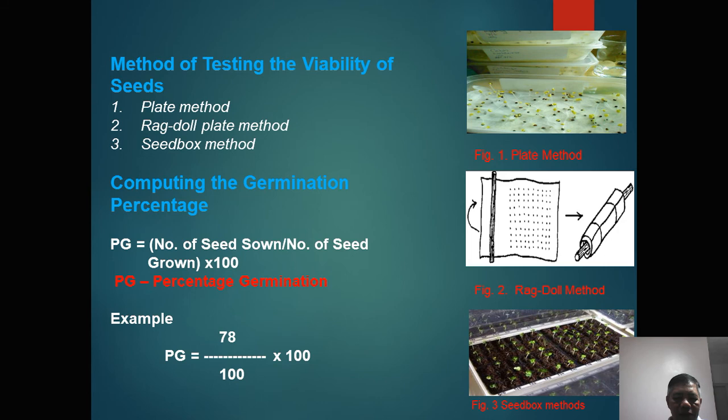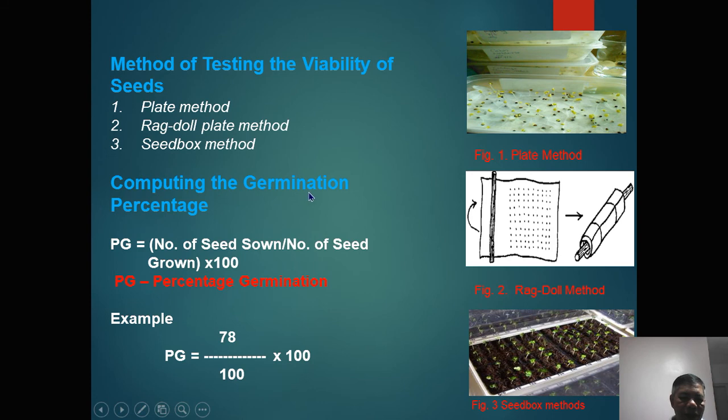Okay, so once the seeds grow after 3 to 5 days, of course the number of seeds grown will be counted, and the percentage germination will be computed.